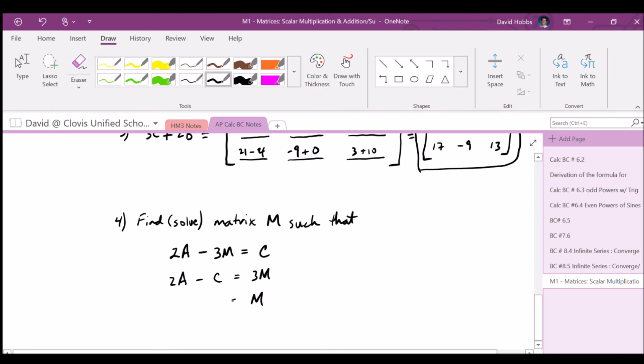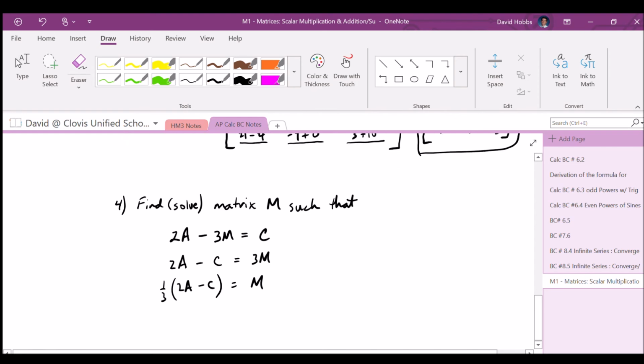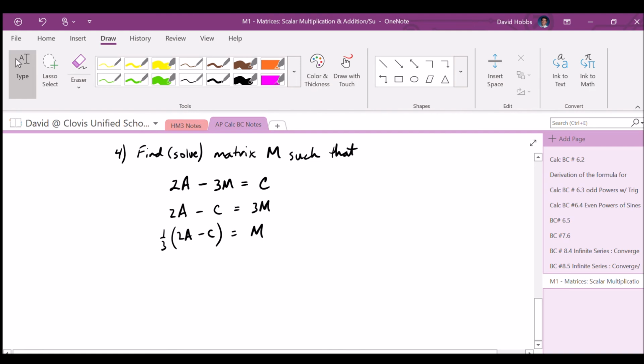So M is 1/3 times 2A minus C. Now we know what M is going to be equal to, and now we need to solve for it. Again, don't do too much all at once.